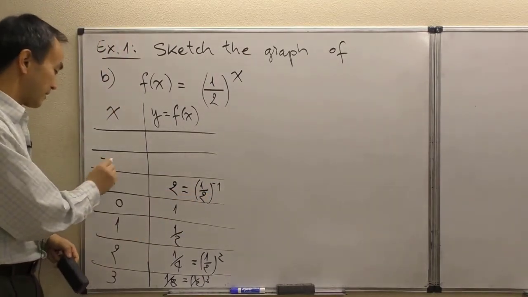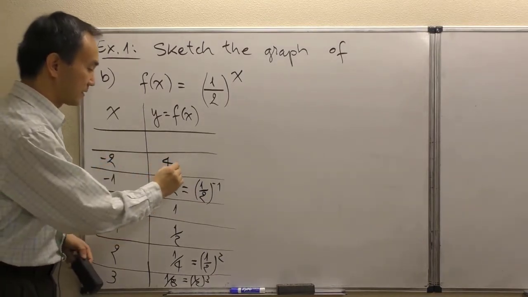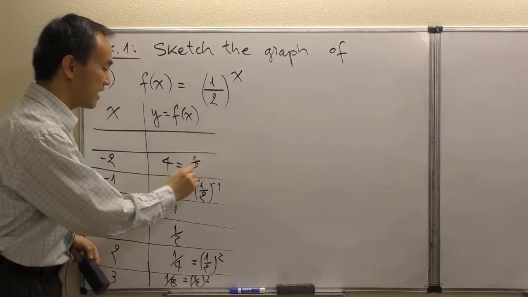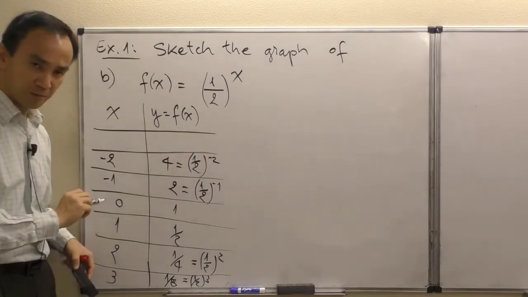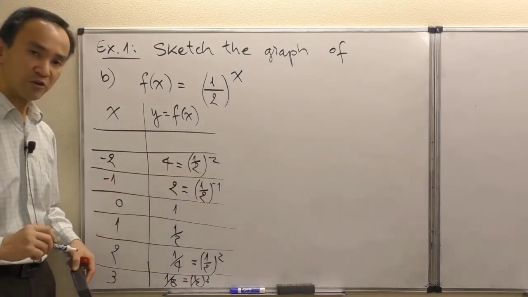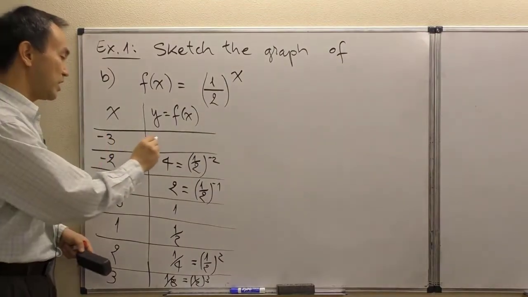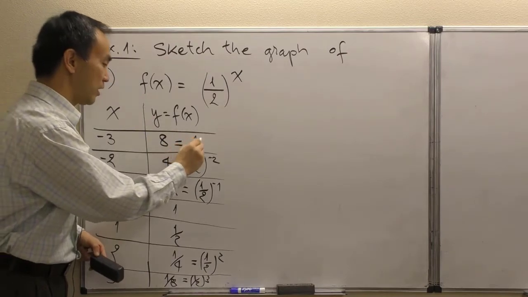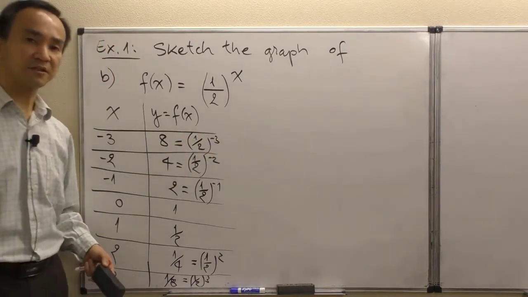Then -2 gives output 4, because 1/2 raised to a -2 power equals 4. And when x equals -3, the output is 8, which is 1/2 raised to the -3rd power.